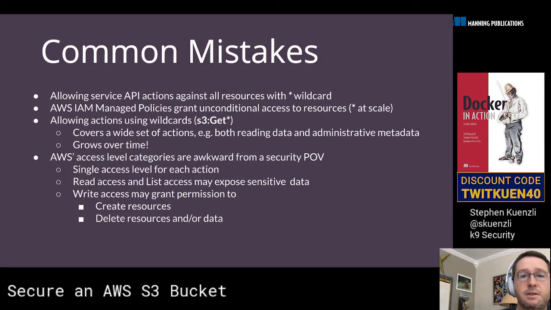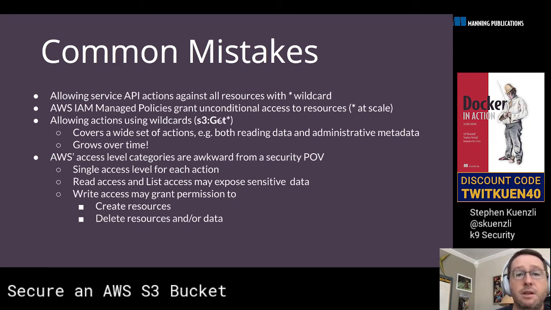Common mistakes are that you might have a policy that uses a wildcard and permits a lot of actions, like S3 get star, and that might grant more actions than needed. If you have an application that only needs to read data, there's no sense in giving it write data access to, say, S3.